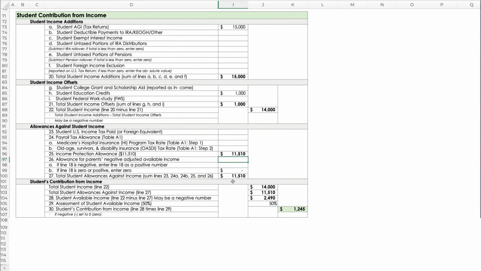This is subtracted from the total student income, leaving $2,490 in student available income. Since 50% is used as the student income factor, the student contribution from income is $1,245.